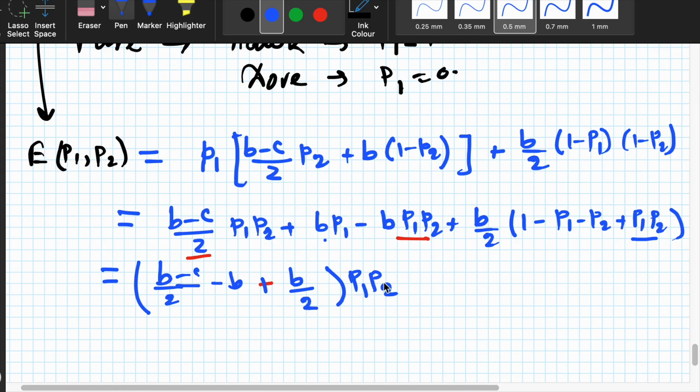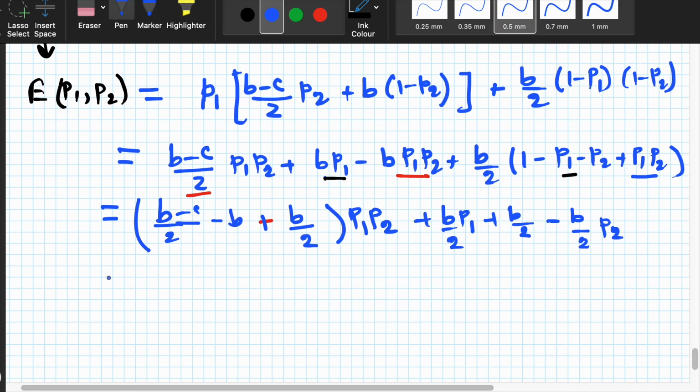Then the left terms are this term plus b p1, and this is minus b/2 p1. If I combine these two terms, I'll get b/2 p1, and the only left term is these two common, b/2, and this is minus b/2 p2.